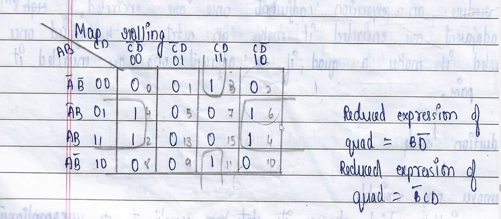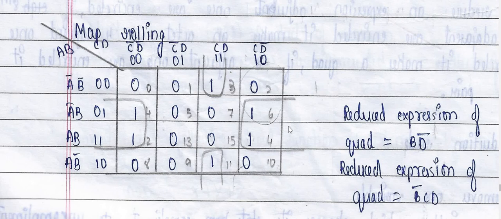Same like that, imagine folding the Karnaugh map. Then the 4, 2 and 6, 4 will be adjacent. So, 4, 2 and 6, 4 is a quad using map rolling.